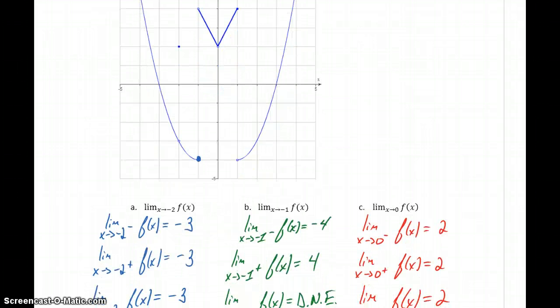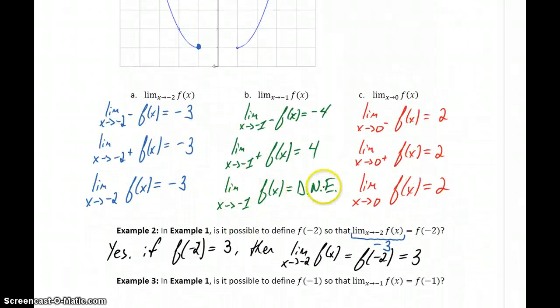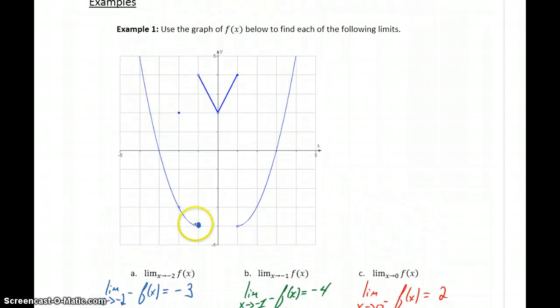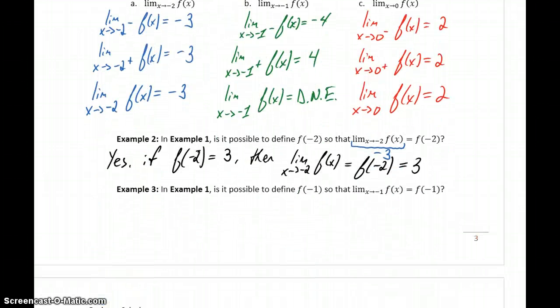We already know from the first example that the limit as x approaches -1 doesn't exist. So whether we leave our function value here, or we erased that, changed the definition of our function and made that filled in circle up here, it wouldn't change the fact that that limit doesn't exist. So in this case, no.